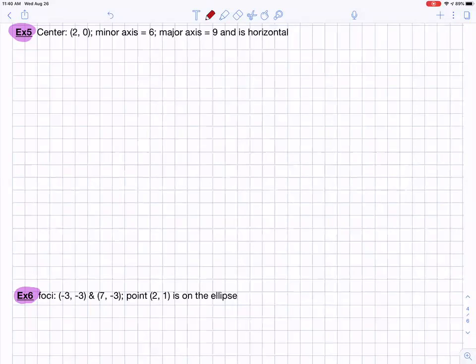So let's start out by sketching what we have. Because a lot of times our picture is going to hand us tons of information that we can't get by just reading, okay? So first thing, let's go ahead and we will draw my center, which occurs at 2, 0.